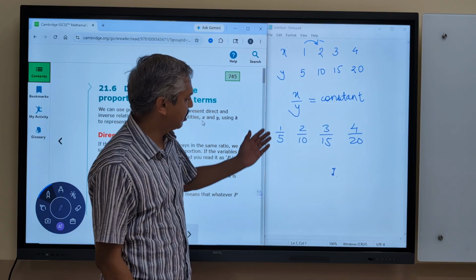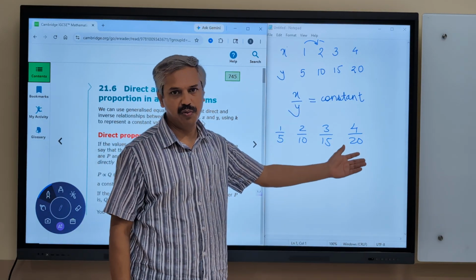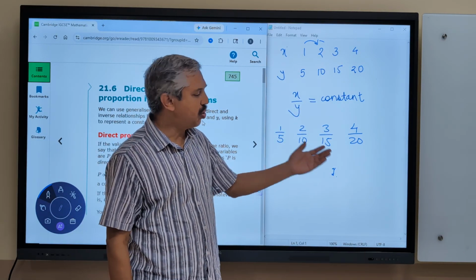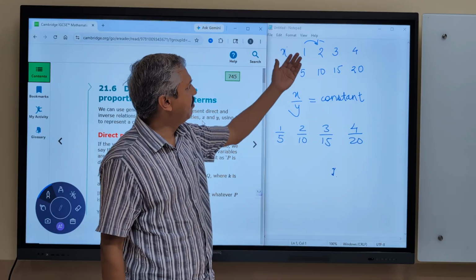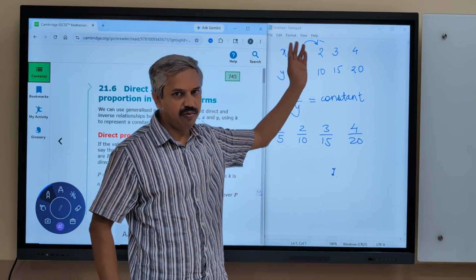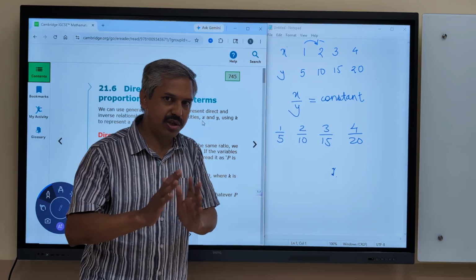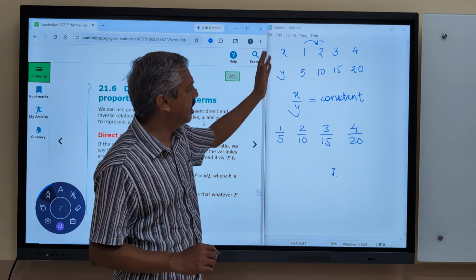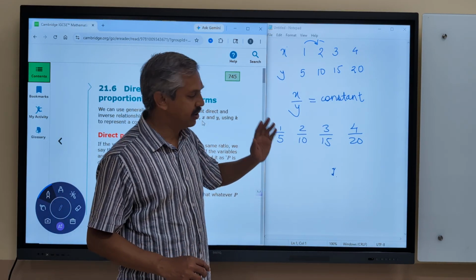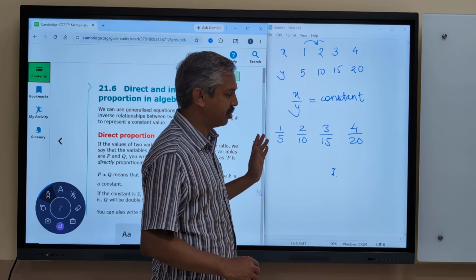All of these values come to 1 upon 5. So if the ratios between all values of x and the corresponding values of y are the same, then we say they are in direct proportion.